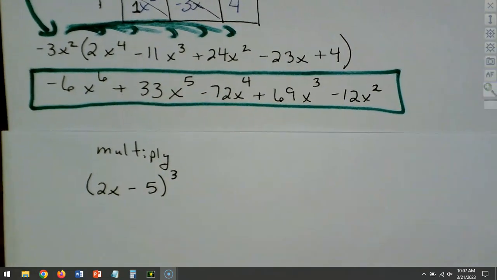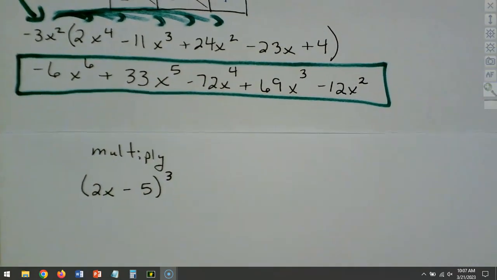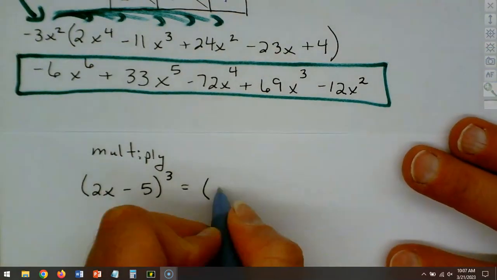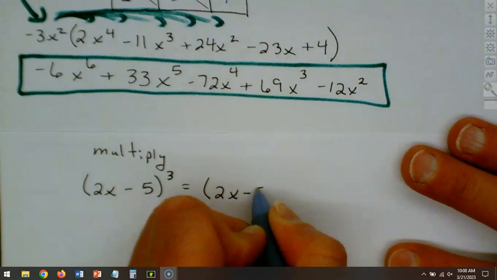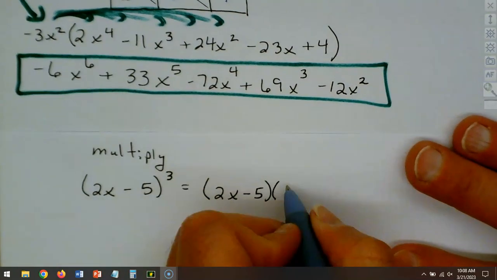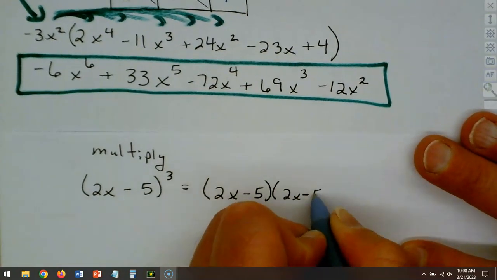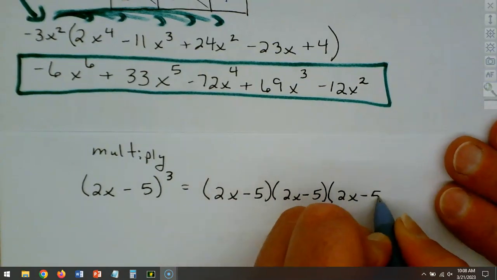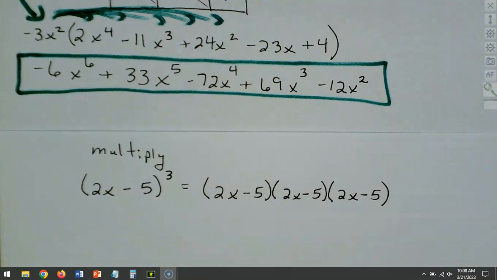Now, just like we did earlier with the squares, we have to write this cube out. So that's going to be 2x minus 5, 2x minus 5, and 2x minus 5.